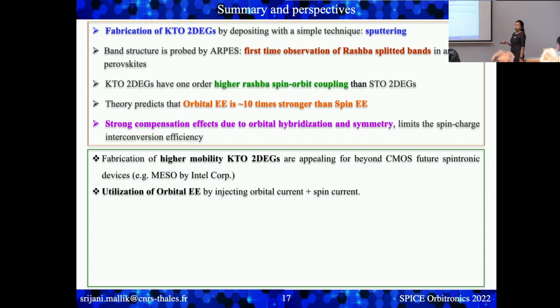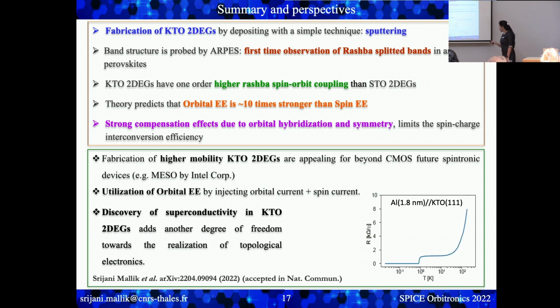Although we see strong compensation effects, we also propose some possibilities to get rid of them. As perspectives, we can grow higher mobility samples to have more spin to charge conversion. And if we can utilize the orbital Edelstein effect along with the spin Edelstein effect, this will be really nice.